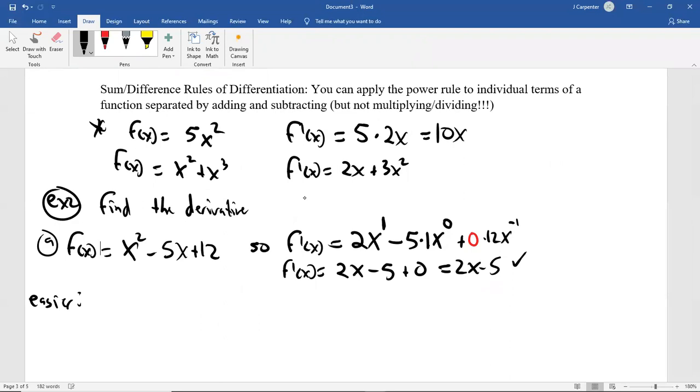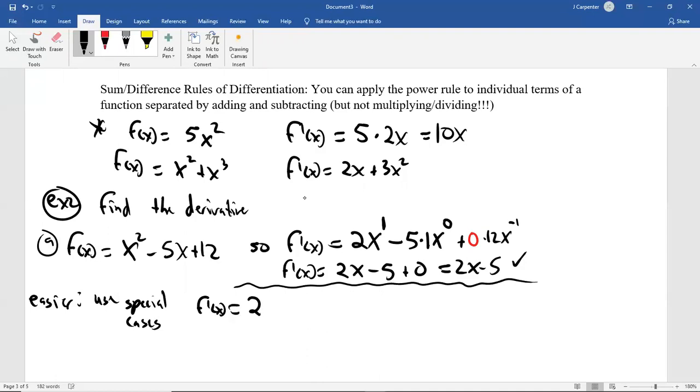Here's the easier version. Use the special cases. So f prime of x. I'll use the power rule for the x squared. So I bring the 2 out front. I drop the exponent by 1. Now, this minus 5x, just focusing on this term, is linear.